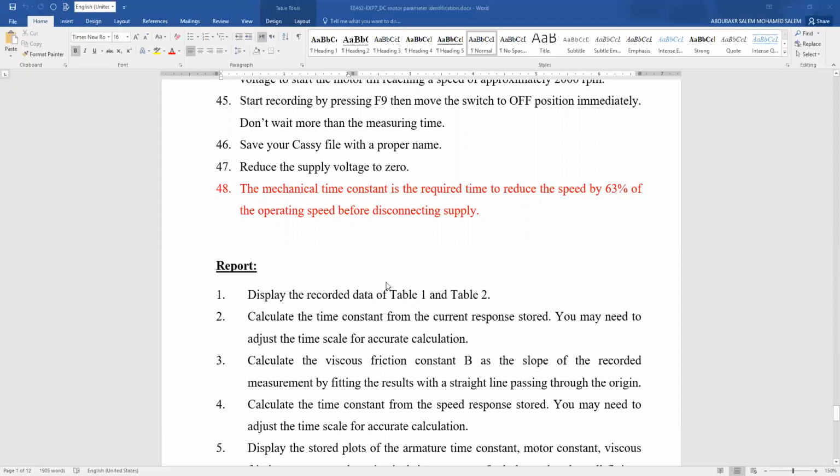So this is simply the procedure we are going to make in this experiment.